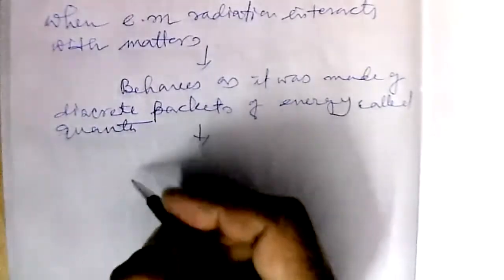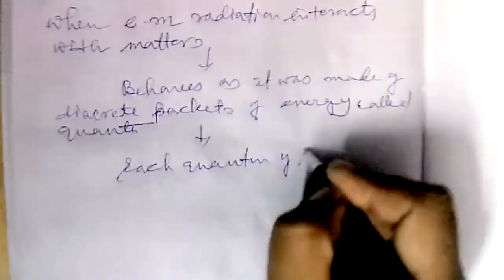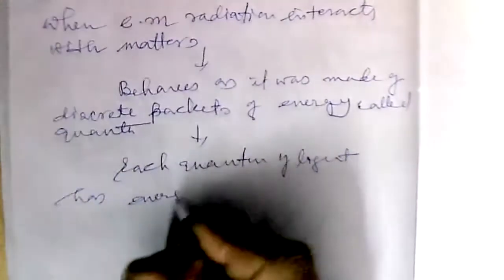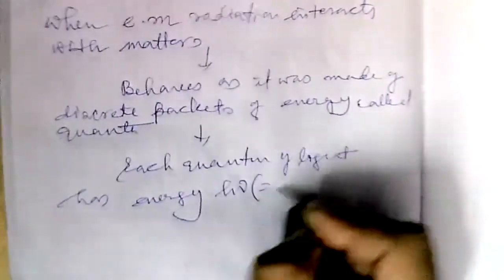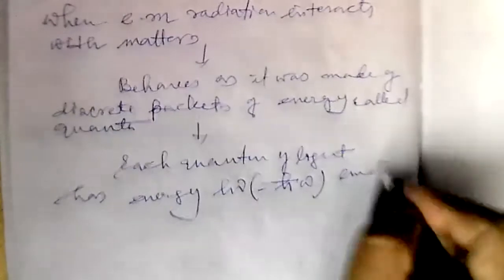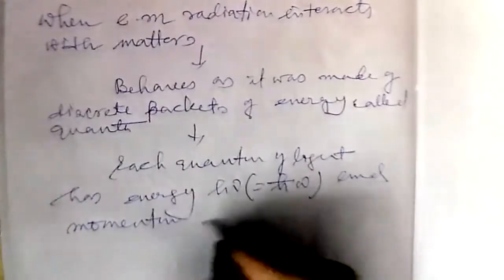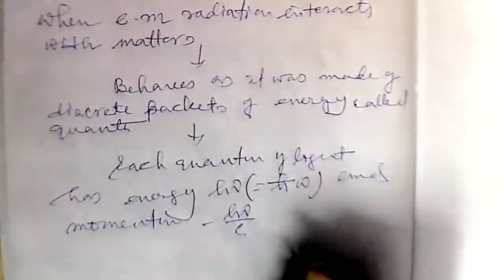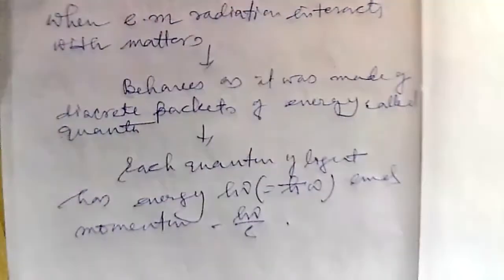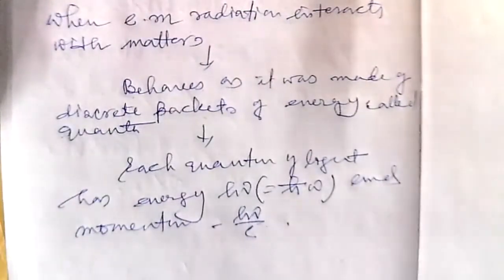Now each quantum of light has energy h nu, which is equal to h omega, and it has also momentum, which is equal to h nu by c. So though it has no mass, it has momentum. This is surprising. Our earlier definition of momentum is mass into velocity. It does not work here.